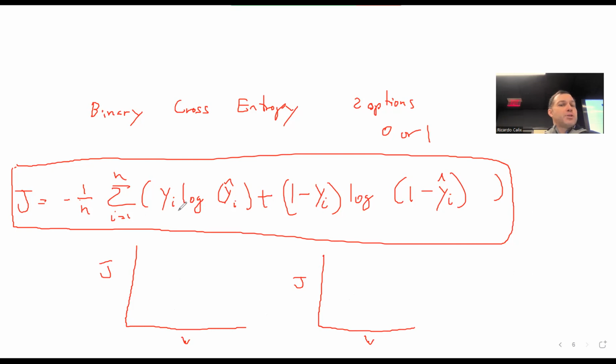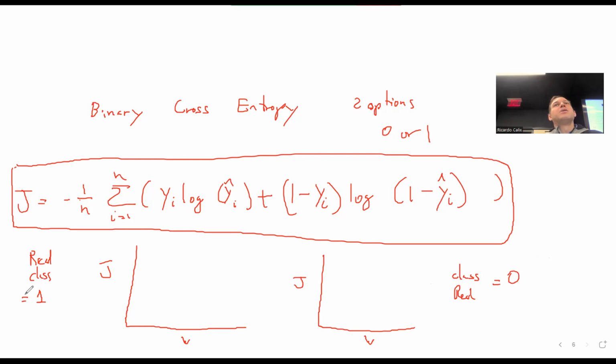Now, we only have two options here. Those are determined by the real values, because it's binary cross entropy. What are the options? 0 and 1. So how do we denote these? We say that the real class is 0, or over here, the real class is 1.